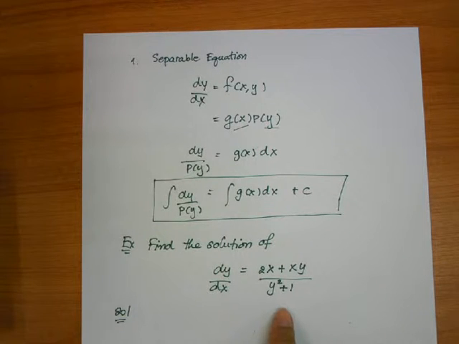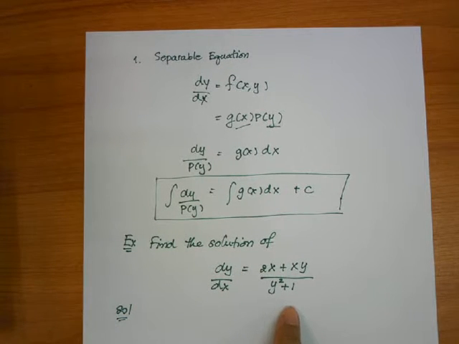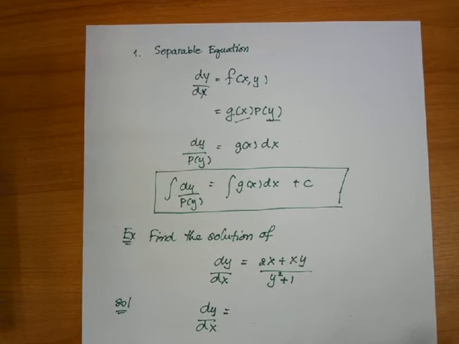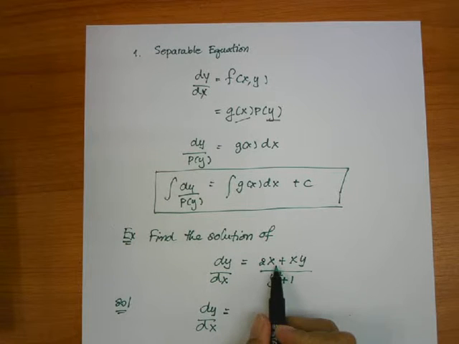You have dy by dx is equal to (2x plus xy) divided by (y squared plus 1). With this differential equation, can we do it as a separable equation? If you take a look at this, in the term on the top, you can take x out, right?